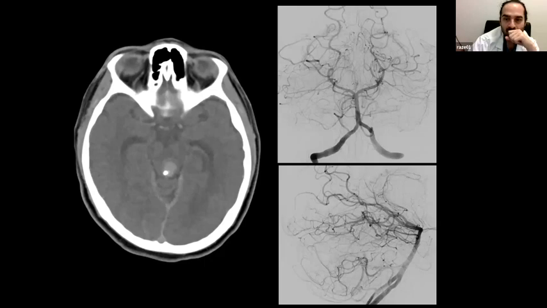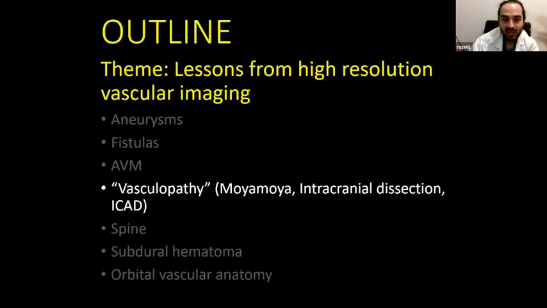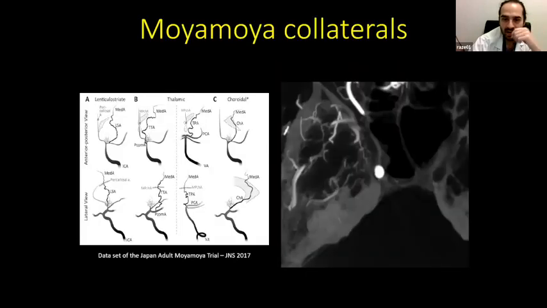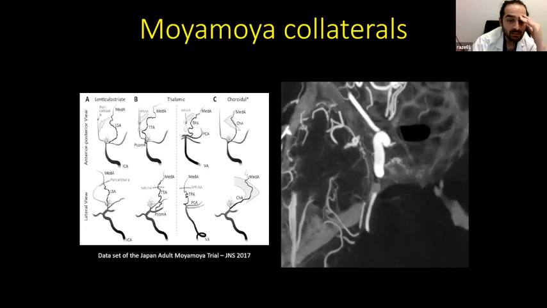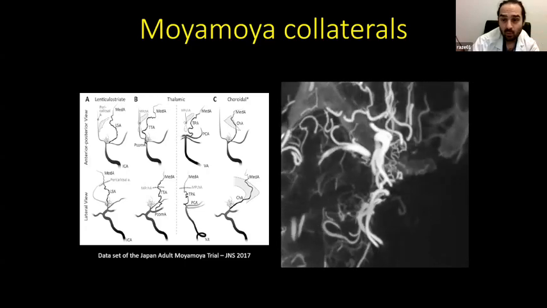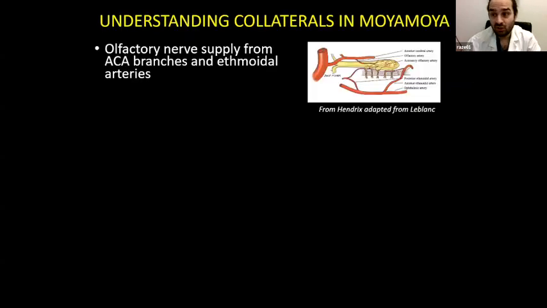Moving forward, I'm going to talk about the application for what I call vasculopathy: moyamoya, dissection, ICAD. We know very well from Asian countries' studies the anatomy of moyamoya, with some excellent papers out there. We know that moyamoya collaterals can form in different ways, and this imaging has a very good role in understanding them.